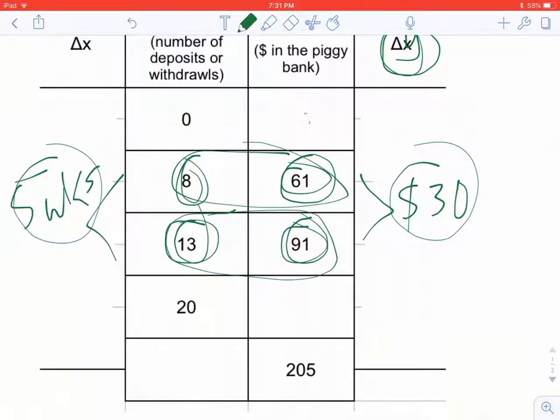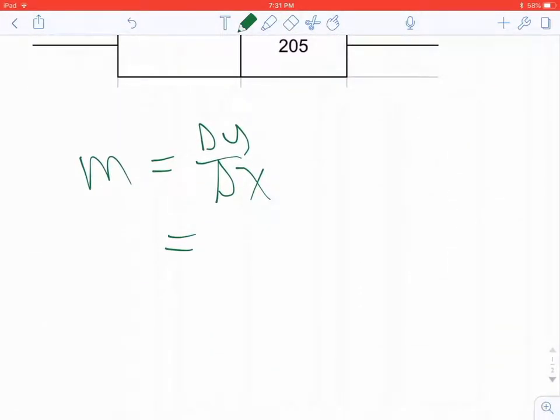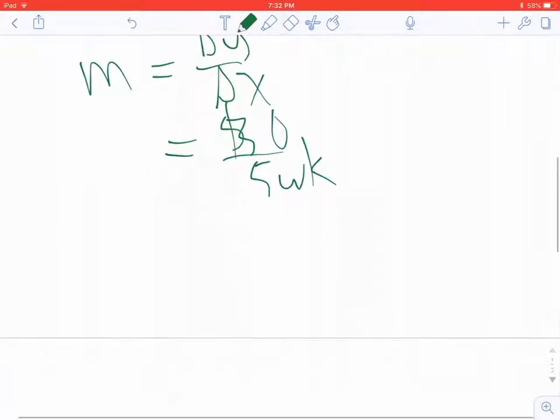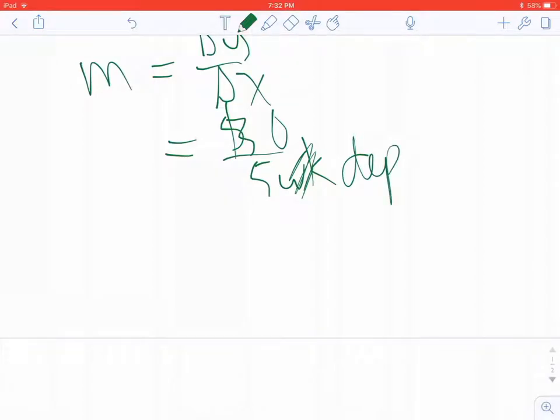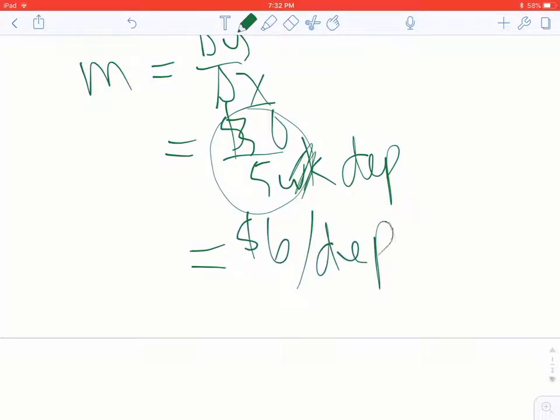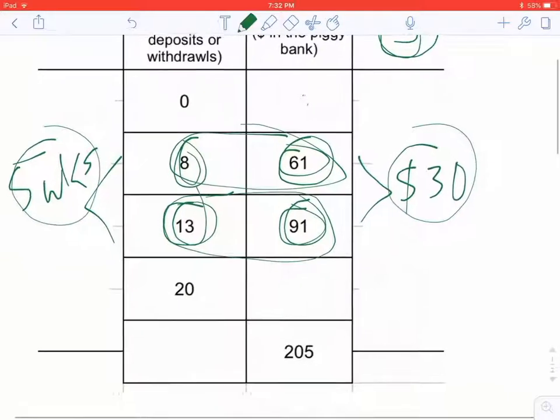That's the change: change in weeks, change in money, rate of change. $30 divided by 5 weeks. Whoops, 5 deposits, I should say. And I know they have to be deposits because it's going up. So I should change that to deposits. And that's 30 divided by 5, or 5 into 30. So it's $6 every single deposit, if it's a constant rate of change.